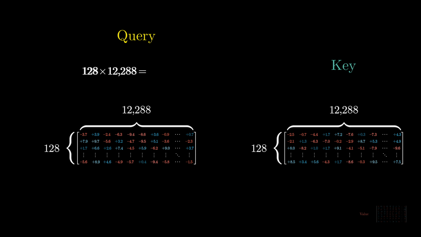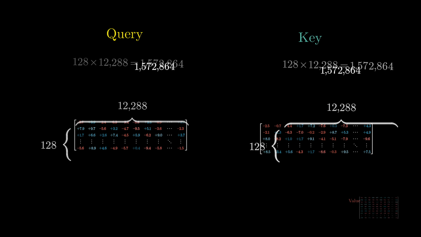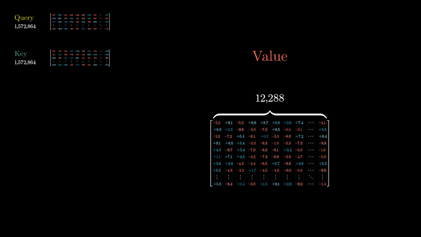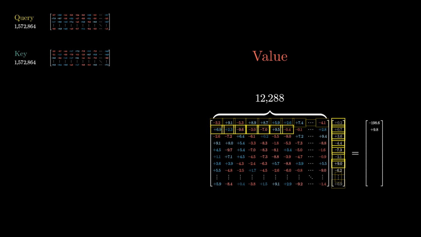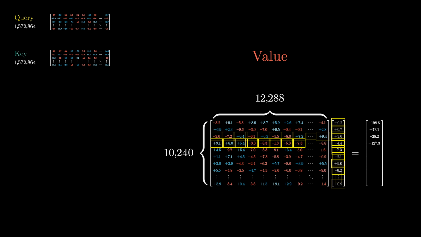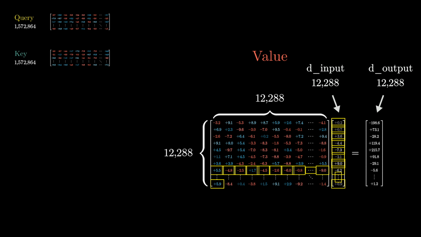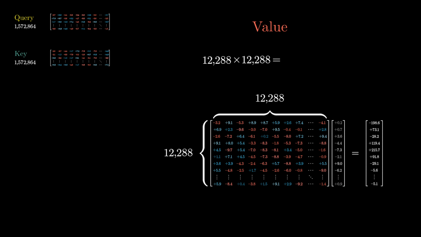This gives us an additional 1.5 million or so parameters for each one. If you look at that value matrix by contrast, the way I've described things so far would suggest that it's a square matrix that has 12,288 columns and 12,288 rows, since both its inputs and its outputs live in this very large embedding space. If true, that would mean about 150 million added parameters.